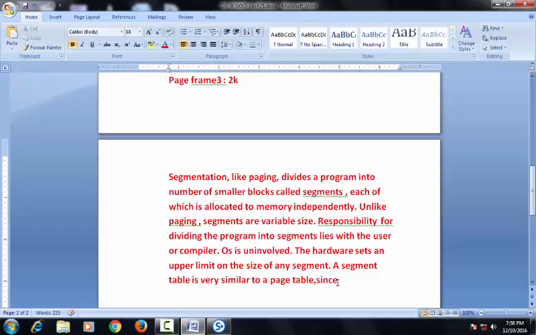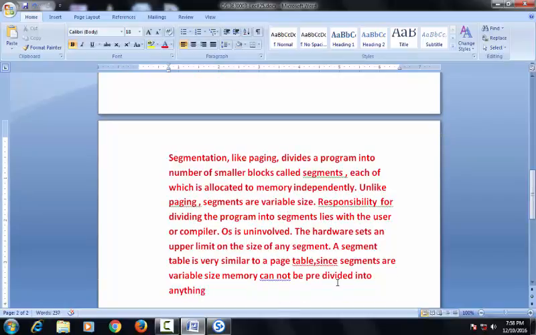Since segments are variable size, memory cannot be pre-divided into anything like a page frame.